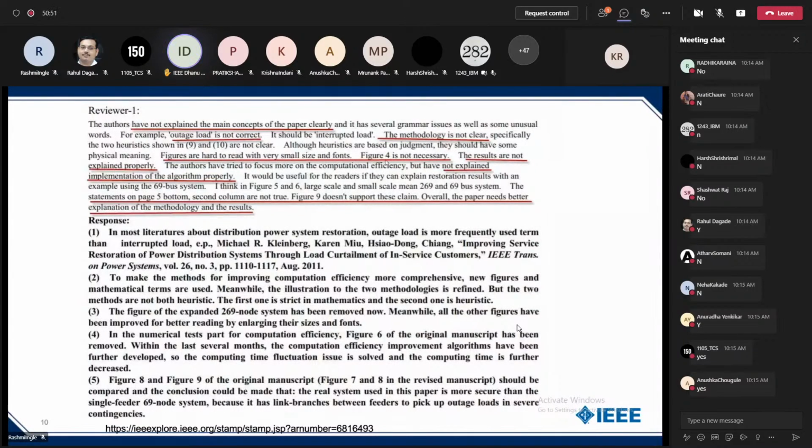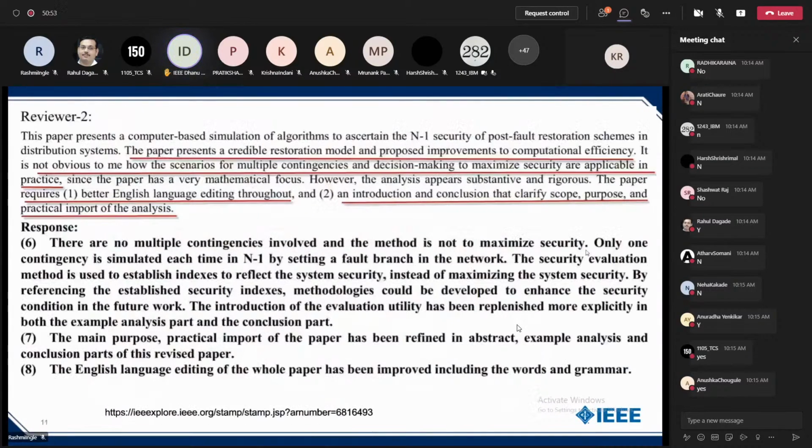Similarly, next slide. Great. Here, if you can see, for the same paper, a different reviewer comes with different changes. That's why at IEEE, we really want a minimum of 2 reviewers to look at the paper and provide their comments. All the reviewers are there to improve the article. Nobody is there to reject the article here.